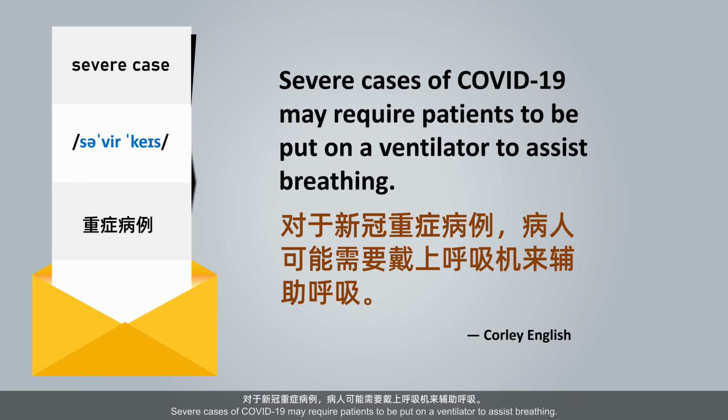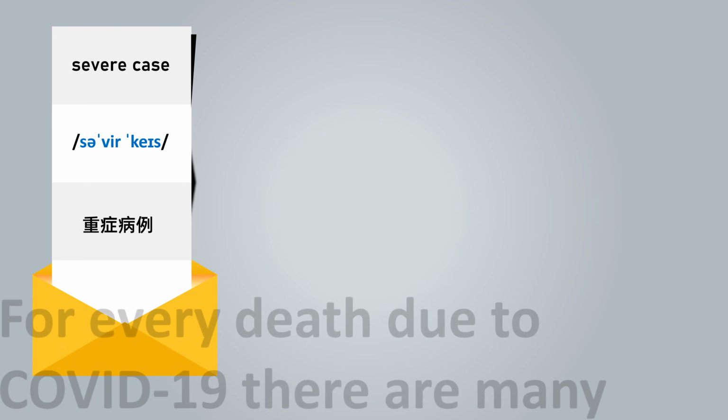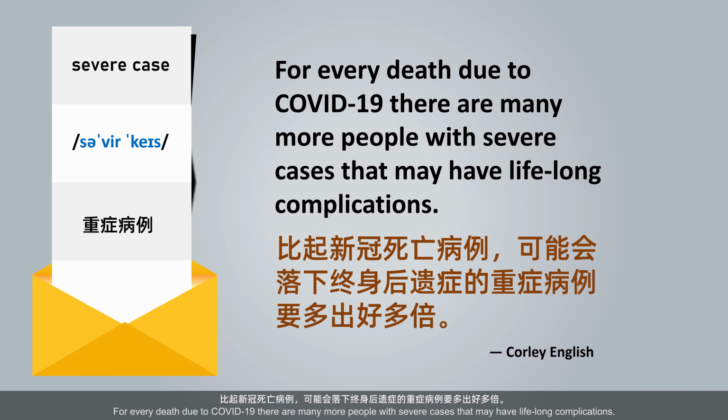Severe cases of COVID-19 may require patients to be put on a ventilator to assist breathing. For every death due to COVID-19, there are many more people with severe cases that may have lifelong complications.